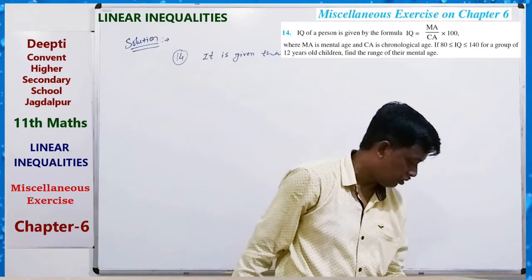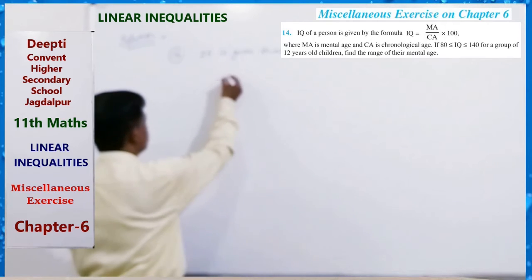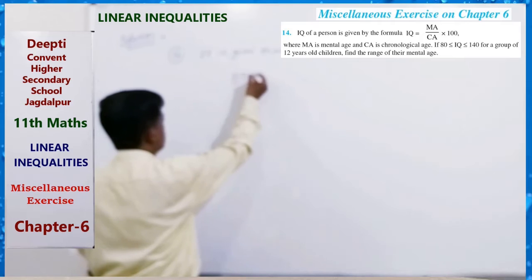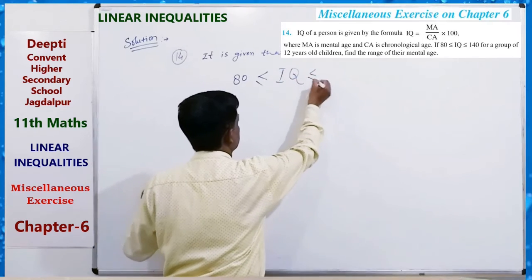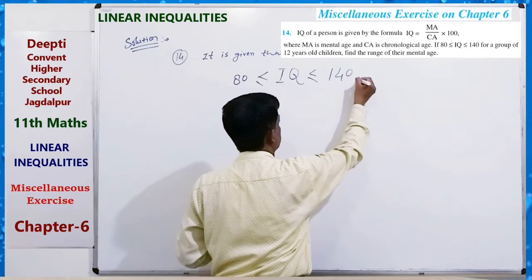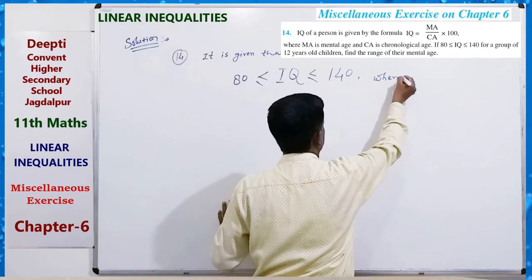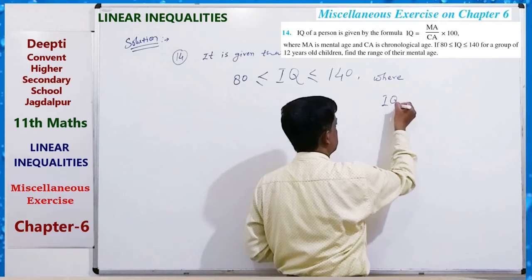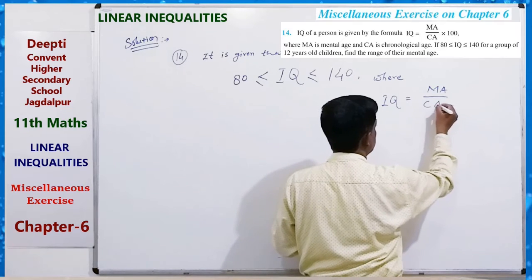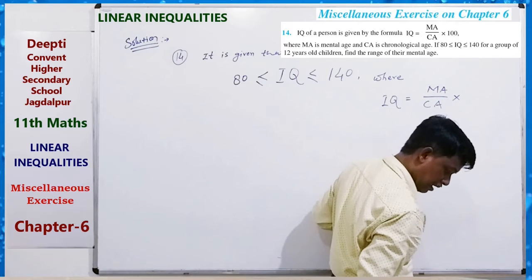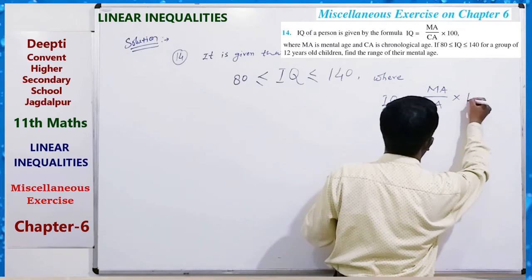So 80 and 140. 80 is less than or equal to IQ, less than or equal to 140, where IQ is given by MA upon CA into 100.